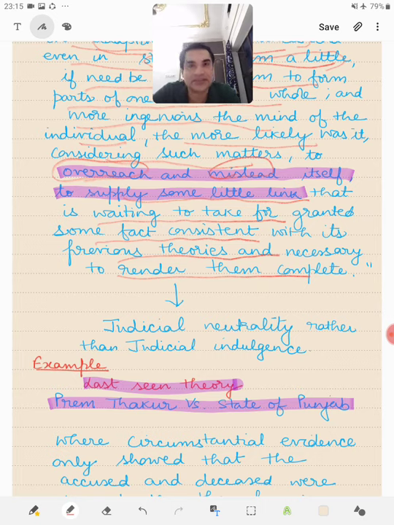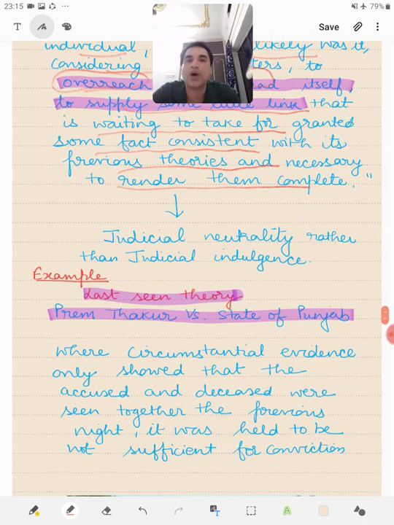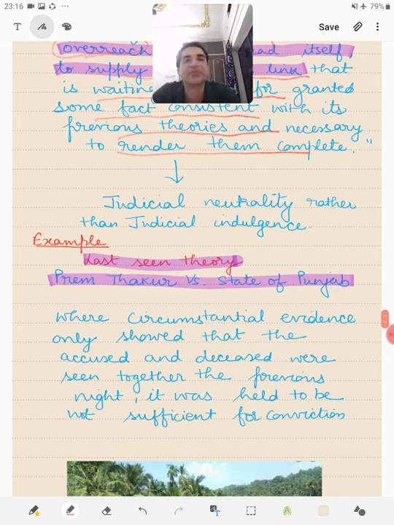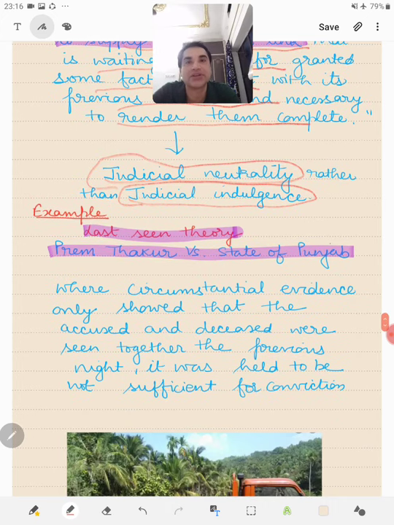But many times it happens that the mind overstrains itself, overreaches, and is misled to supply that missing link itself rather than taking it from the circumstantial evidence. Now, how to remove this? This we may call judicial indulgence. That can be removed by following the principle of natural justice, that is, the principle of judicial neutrality. A judge should be a neutral judge.